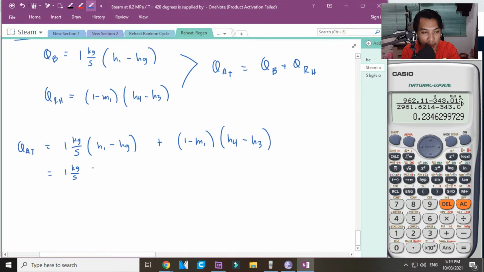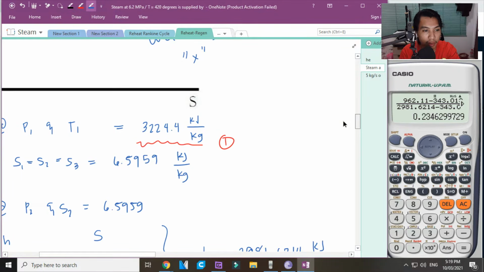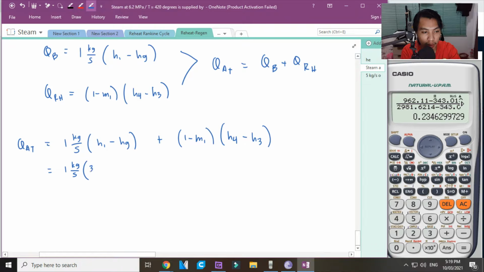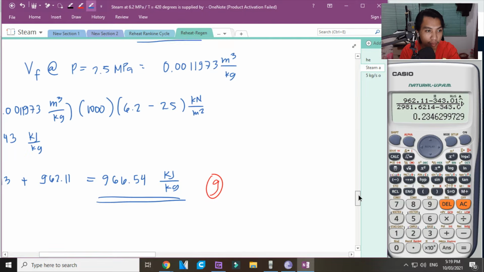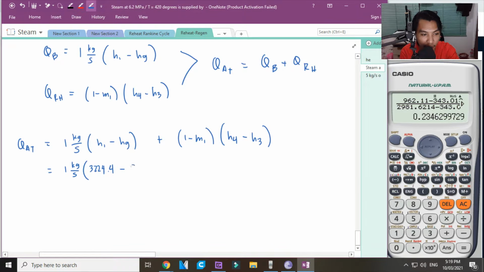Multiply mo kay H1. Nasaan si H1? Nandun sa dulo, sir. H1 will be, ayun, 3224.4 minus H9, 966.54 kilojoule per kilogram.